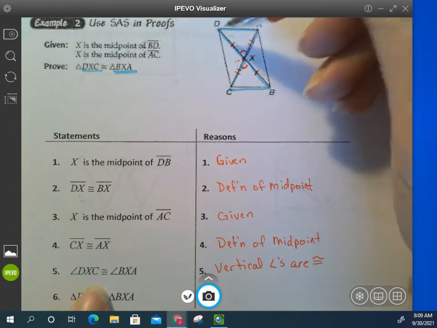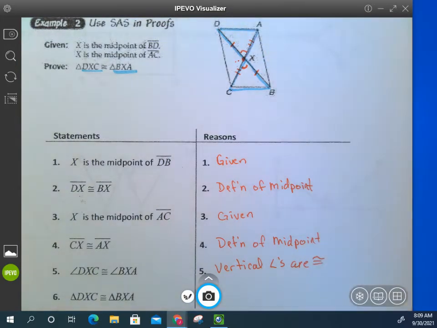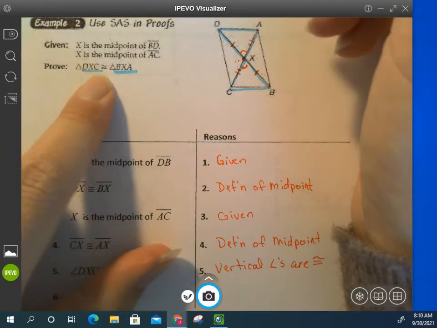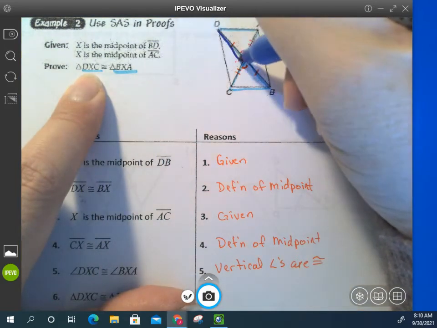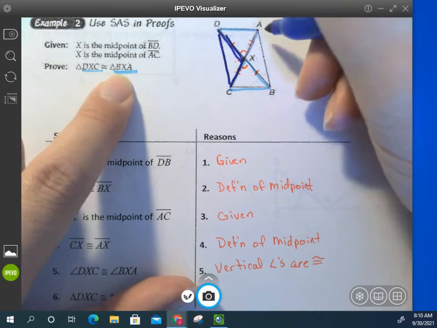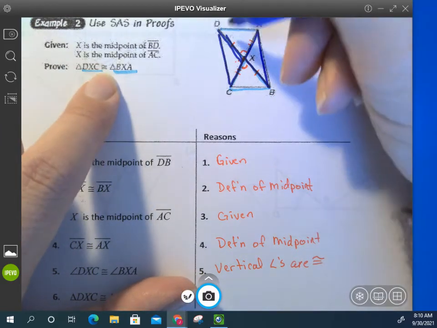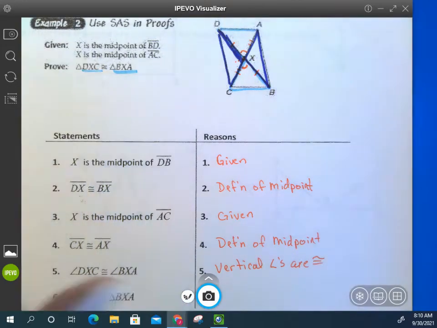My only problem is they want us to prove, oh, I traced the wrong triangles, guys. I'm sorry. They wanted us to show something different. We are supposed to be proving triangle DXC is congruent to triangle BXA. I did the top and bottom. Sorry about that. That's what I was supposed to be proving.